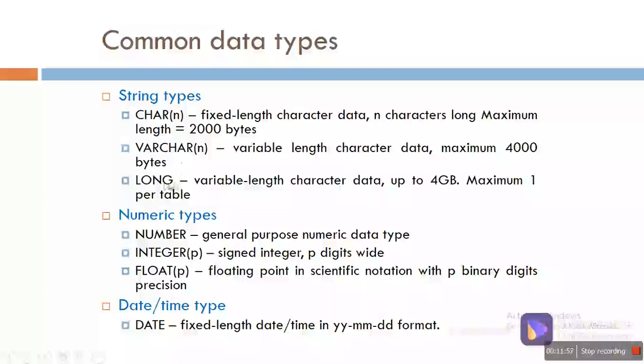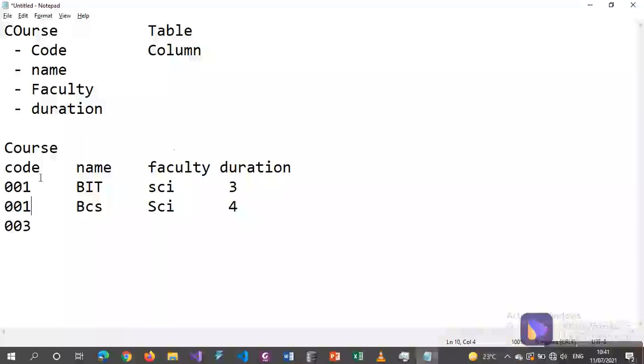We also have the long, which is also a variable length character that takes up much space. So why do we have these variances? It is to help us manage the space of our database, so that we don't create redundant space. It wouldn't make sense to create a code with maybe 20 characters. You're wasting space because you don't expect any course code to have 20 characters.